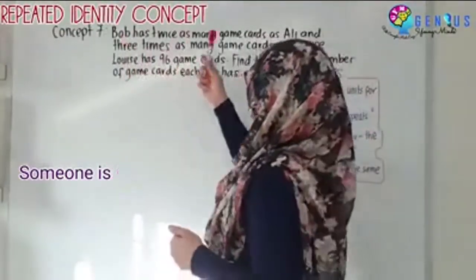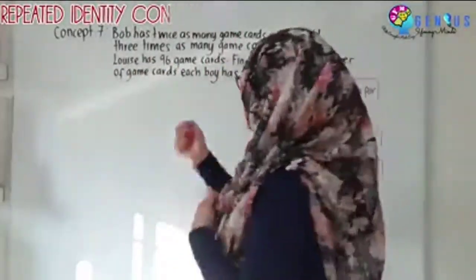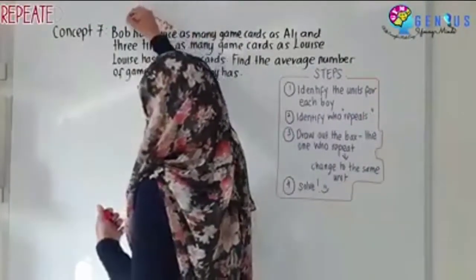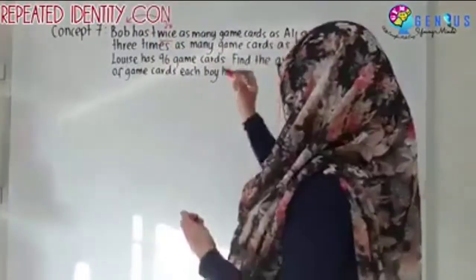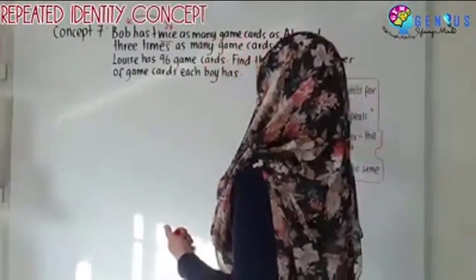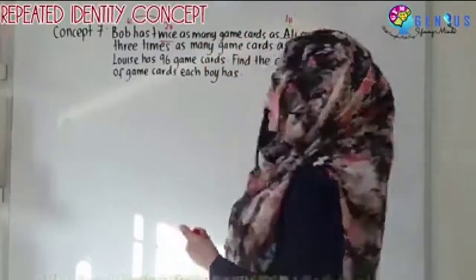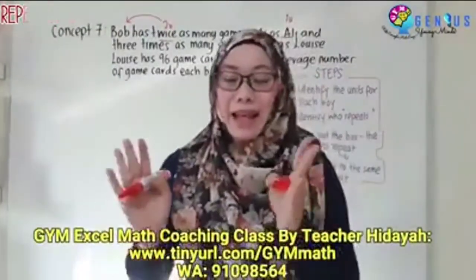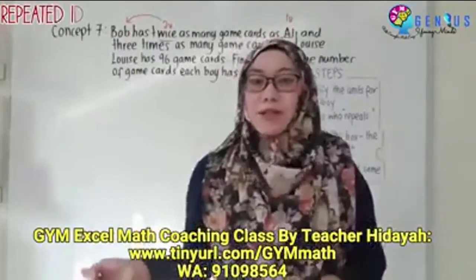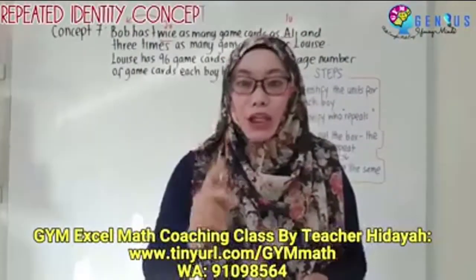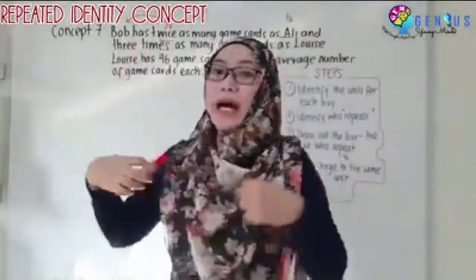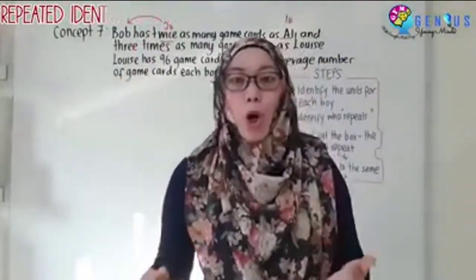Bob has twice as many game cards as Ali, so twice means 2 units, and this belongs to Bob. As many game cards as Ali, so Ali is 1 unit. After the magic phrase "as many as", the person after that phrase will always have 1 unit. And 3 times, we are still talking about Bob.